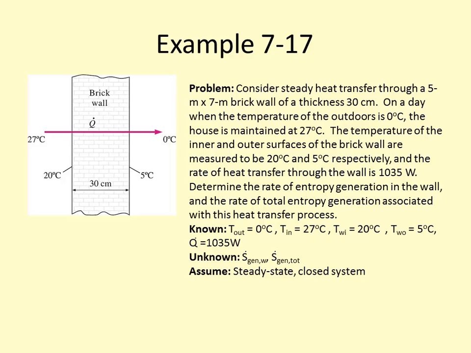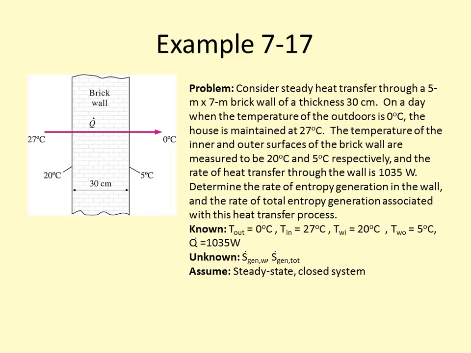If we want to determine the total entropy generation due to this process, we now expand our boundary a little bit to include the system and the surroundings. So the temperature of our boundary is going to change, so that the temperature of the boundary on the hot side is going to be 27 Celsius, and on the cold side is going to be 0 Celsius. Okay, so this is just the entropy generation in the wall.